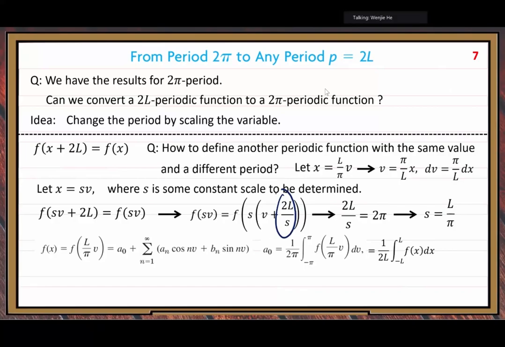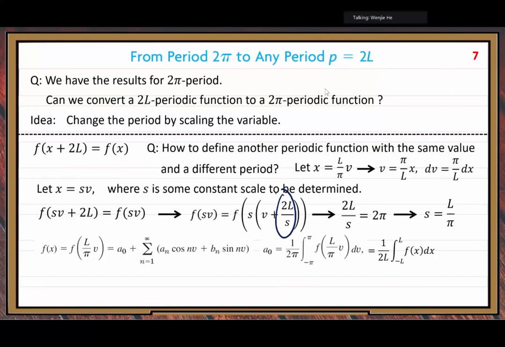Then you can see we can easily get a version for the arbitrary L periodic function formula, original. Because at the end, we want to get back to the integral for the original function.